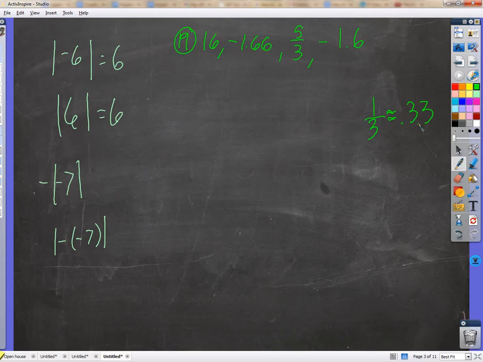And especially if you use this to calculate something else. You multiply 0.33 by something instead of 1/3, it's not the same thing. It'll be close-ish, but it won't be the same. So if it's not necessary to change it to a decimal, leave it as a fraction.